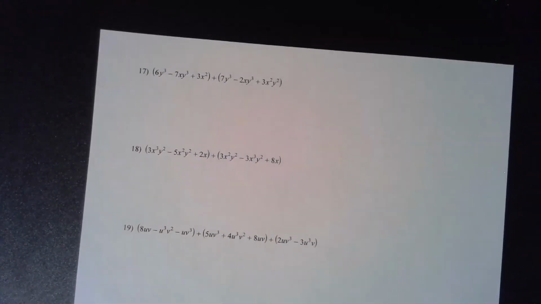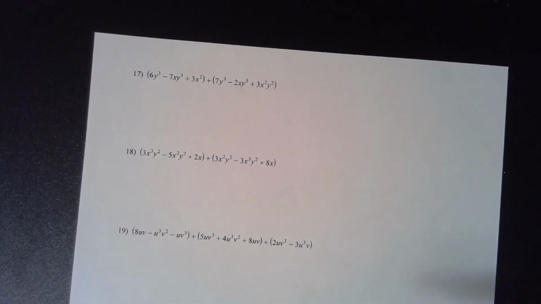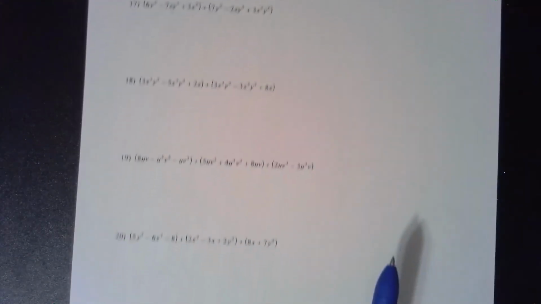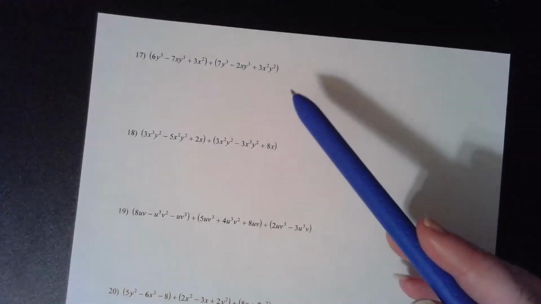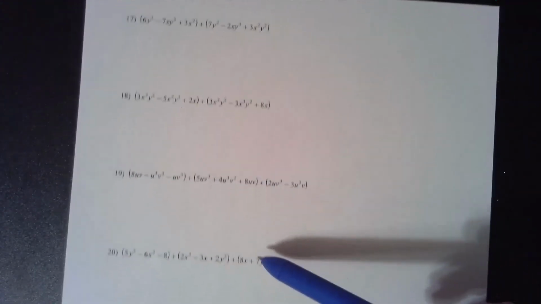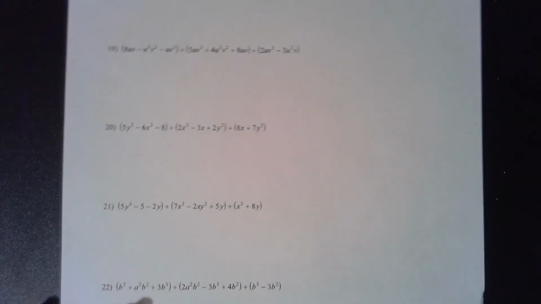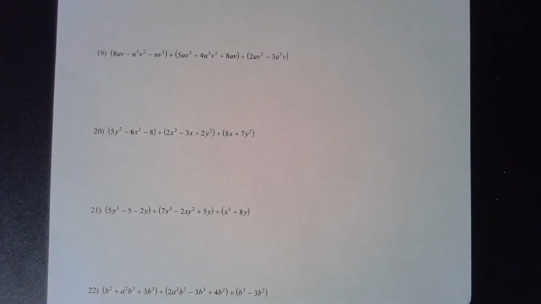Now what I have done is that these last few problems on this back page here, we got 1, 2, 3, 4, 5, 6 of them. That is going to be your assignment for today. Okay? And when you come into class tomorrow, I am going to randomly assign you a question, and you're going to type in your assignment.